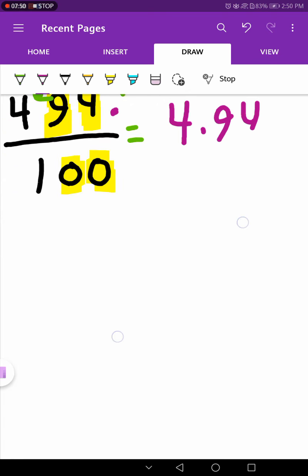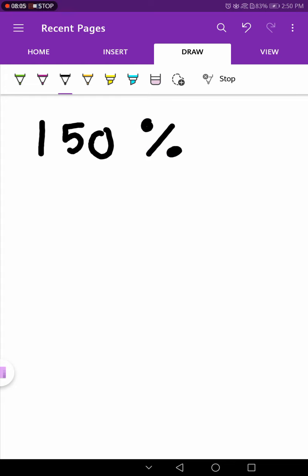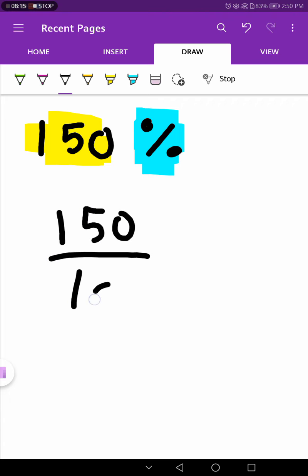One more example. I need more than 100. Give me any number more than 100. 150%. This number is over 100 because of the percent. So the first step, write the number over 100. Don't be confused.